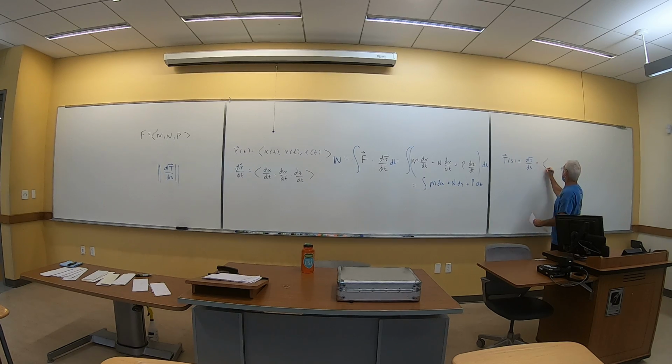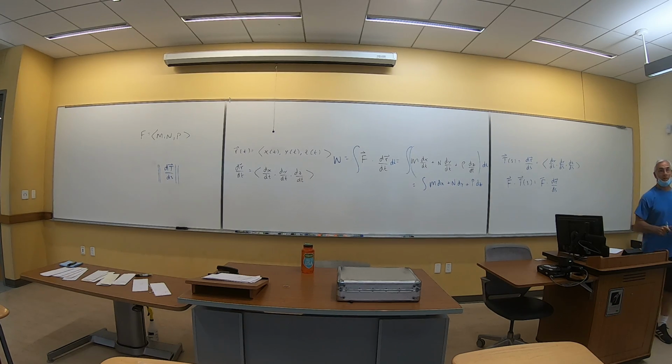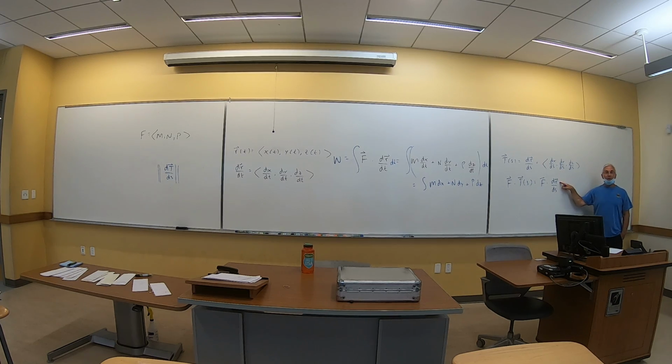But this would therefore be dx/ds, dy/ds, dz/ds. So if I did this, F dotted with T, which is the same as F dotted with dr/ds. Now, dr/ds is not the same as dr/dt. dr/dt is length per time, so that would be velocity. What's dr/ds's units?